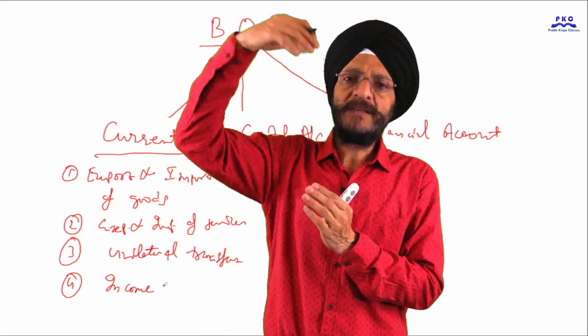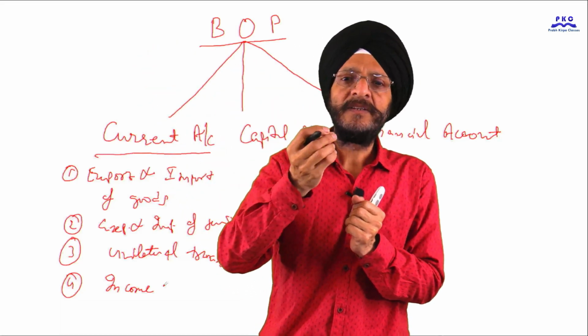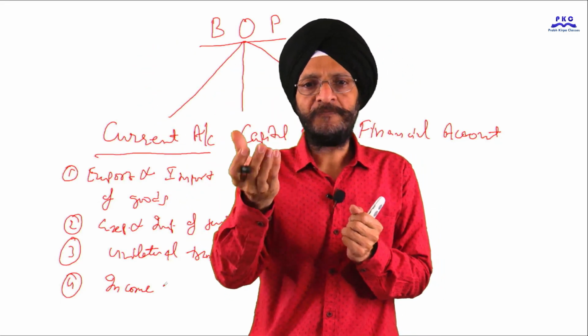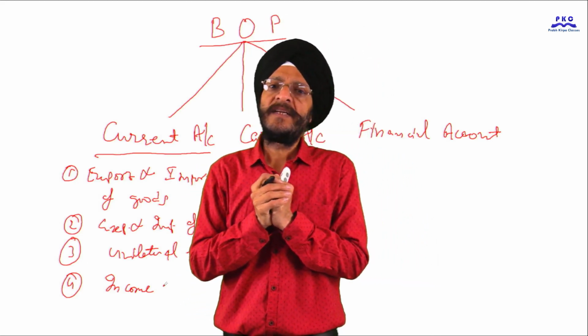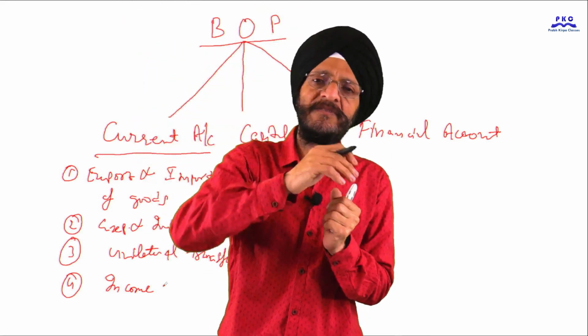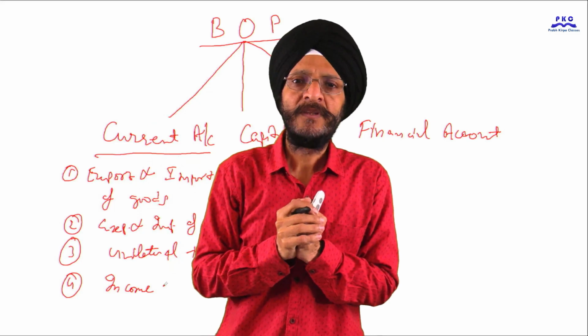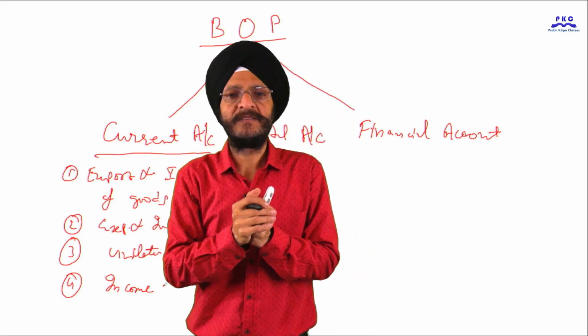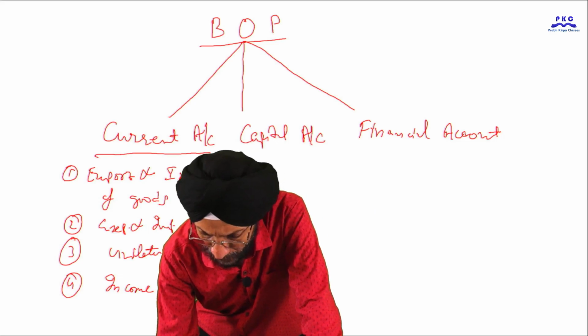We may have made some investments in foreign countries and we may be receiving income in the shape of, say, rent, dividend, profit, and at the same time foreigners might have invested in our country and they may be receiving payment in respect of their investments in the shape of dividend. So all these transactions are recorded here, income from investments.